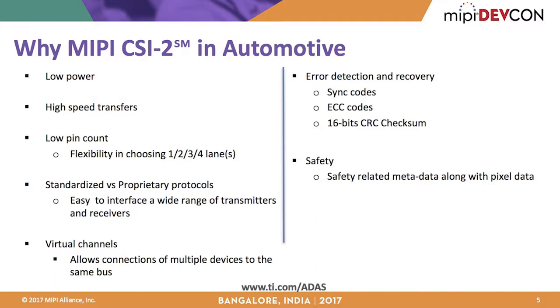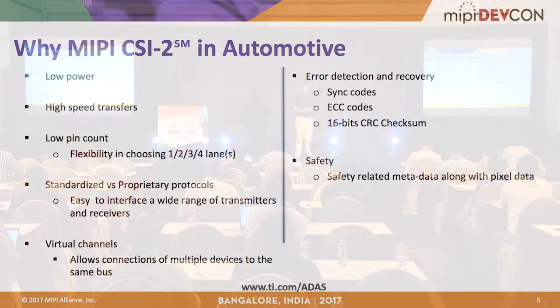So the camera is not only sending you pixel data, it can also send you some ancillary data like what was the operating temperature. And typically what we see is cameras start failing at high temperatures, and if the temperature information or any other ancillary information also comes to the processor, a machine learning algorithm can use that in the training data set, and based on that it can decide if something is failing, is it expected or is it about to fail, and then it can alert the driver or take the vehicle into a safe state.